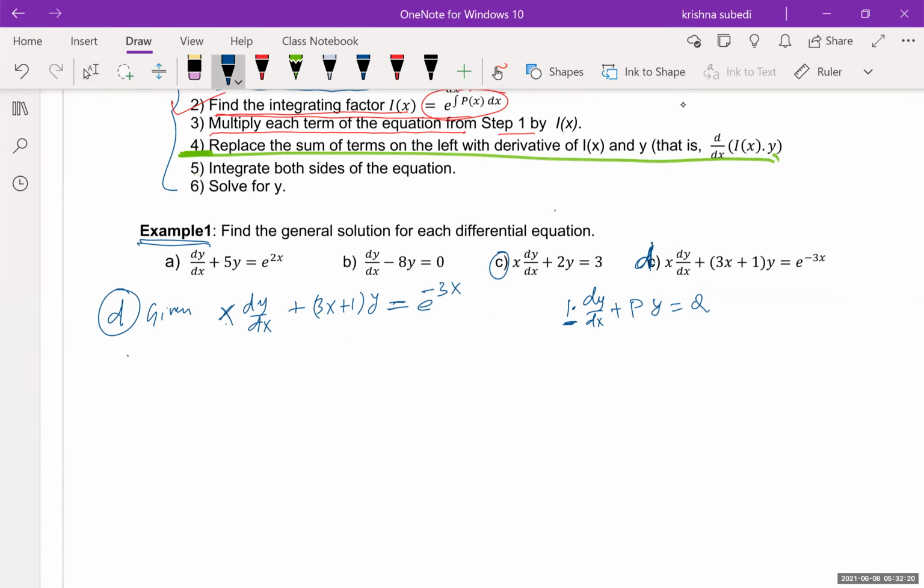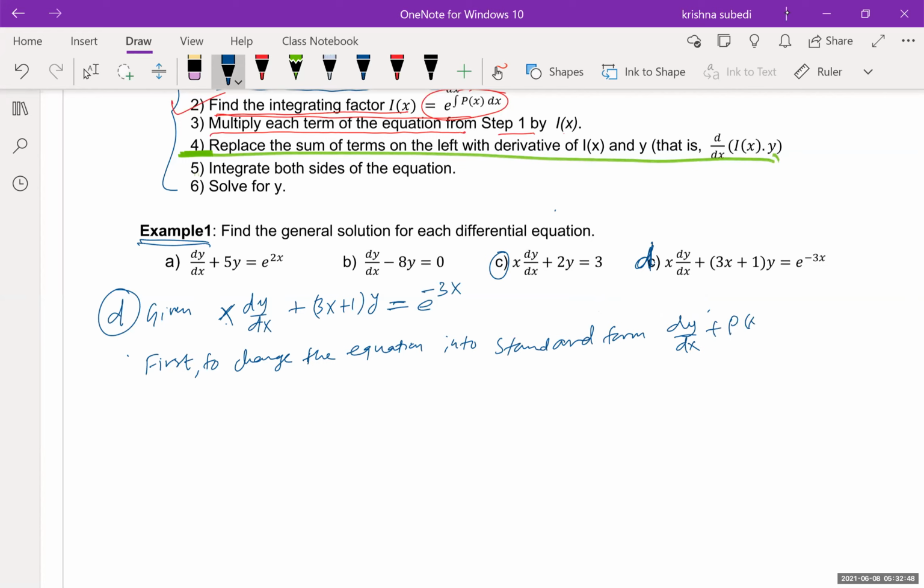So first, to change the equation into standard form, dy over dx plus p of x times y equals q, divide both sides by x.